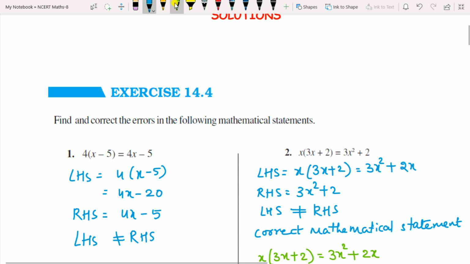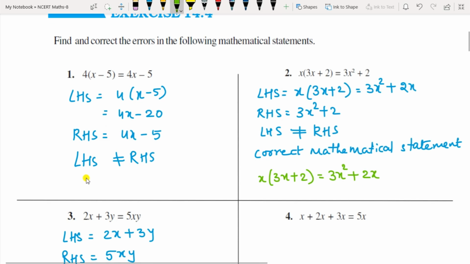And now you have to write the correct mathematical statement. 4(x minus 5) should be equal to 4x minus 20 and not 4x minus 5. So this is the correct statement. So you have to write here the correct mathematical statement is 4(x minus 5) equal to 4x minus 20.